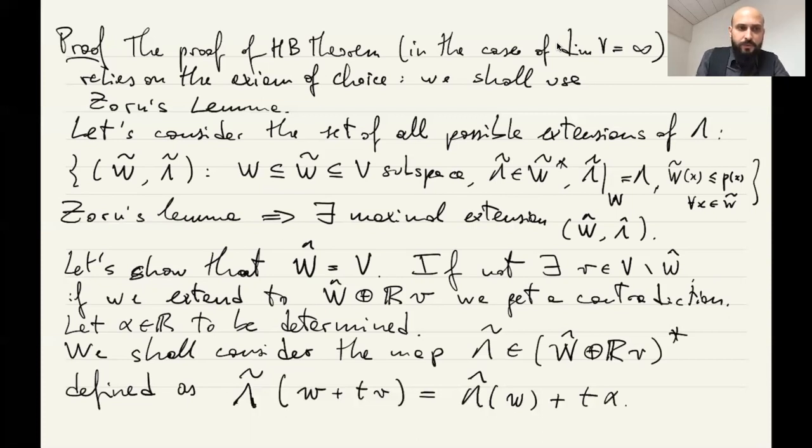We need to choose alpha, so we have to check the norm. Clearly, this lambda tilde is in (W hat plus Rv) star.